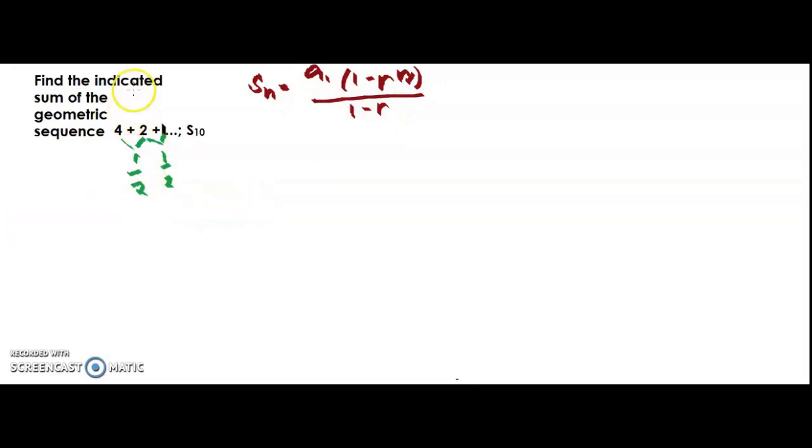So substituting now the values, we have the first term, which is 4. This is a sub 1, and the common ratio is equal to 1/2, right? So let's try to solve. We're looking for the sum of the first 10 terms of this particular pattern. So our a sub 1 or the first term is 4, and 1 minus the common ratio is 1/2. Iburahin natin to.